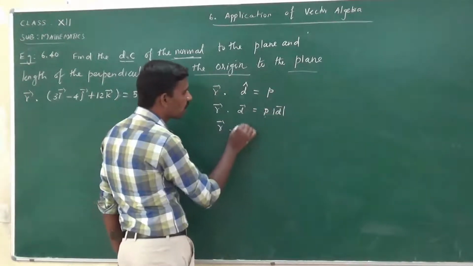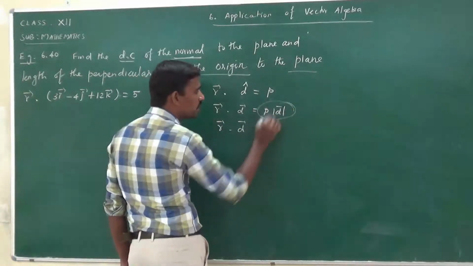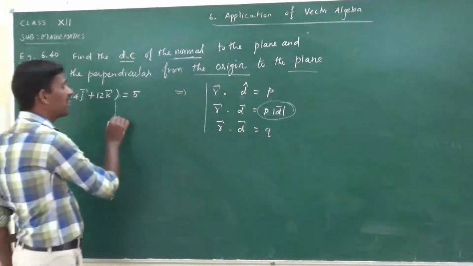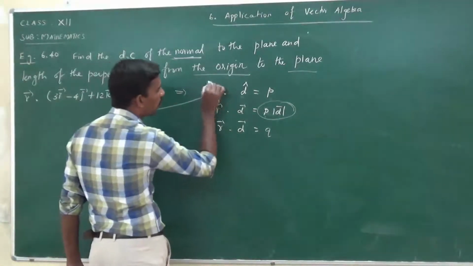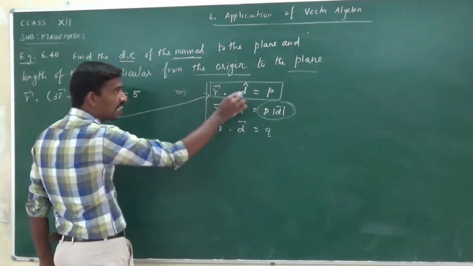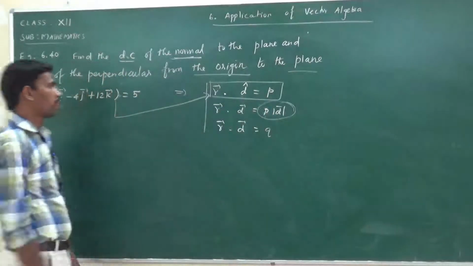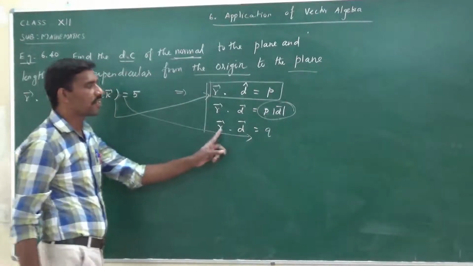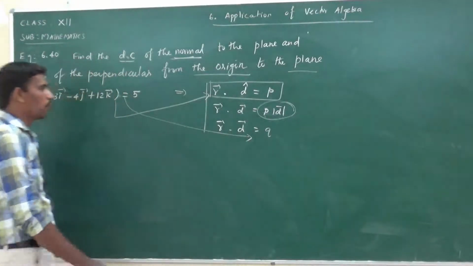So r vector dot d vector is some value, which is q. Now we want to bring this equation into this format: r vector dot d cap equal to p. But here the relation is r vector dot d vector equal to q.